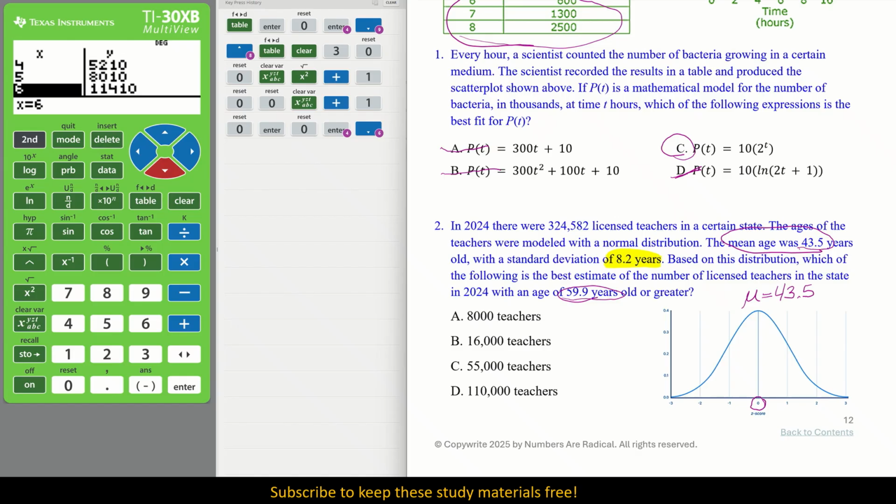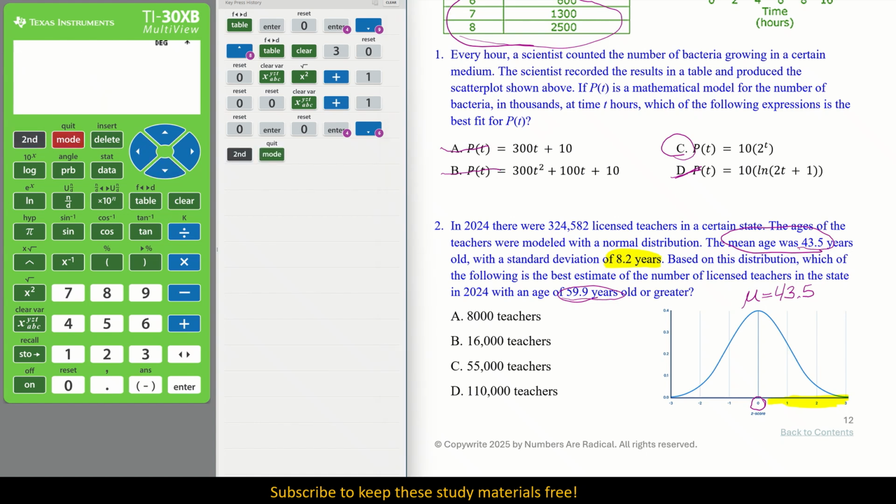Now, 59.9 is greater than that. So we know somewhere over here, that's where our age is going to be. And that's where our concern is. So let's subtract those. 59.9 minus the 43.5.